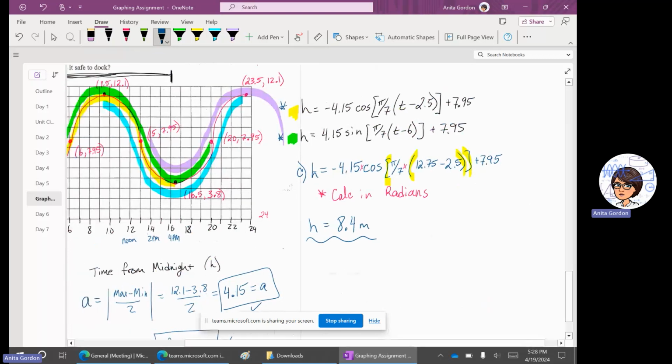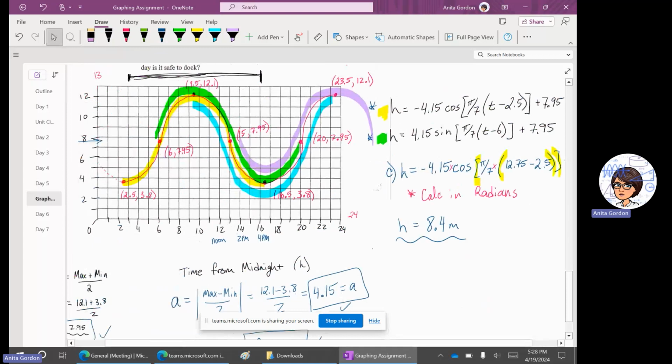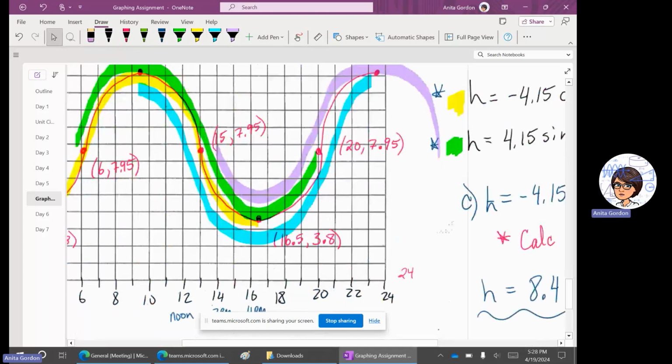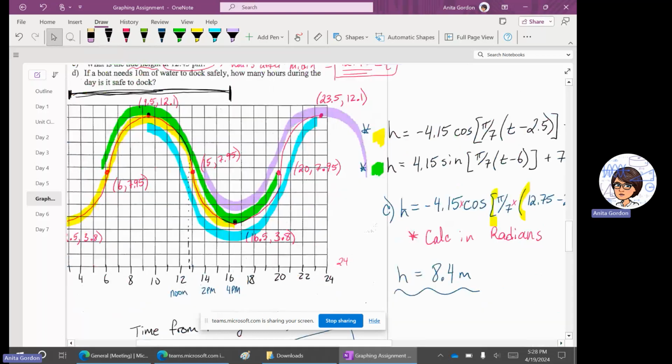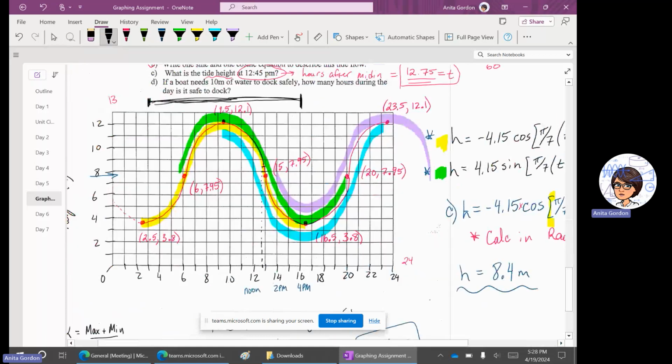If we drew a good graph, it should be pretty close to what we see. So 12:45 is kind of here. How close is our graph to what we see? 8.4, so this is the 8 line, 8 is right here. So yeah, not too bad. We drew a pretty good graph here.